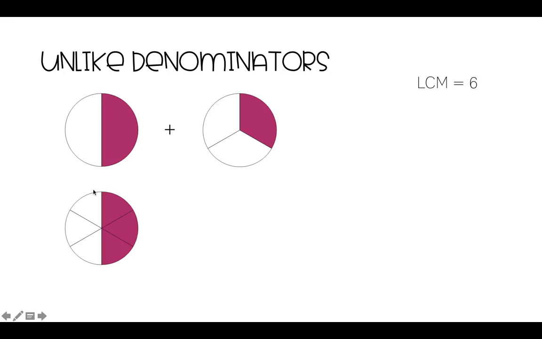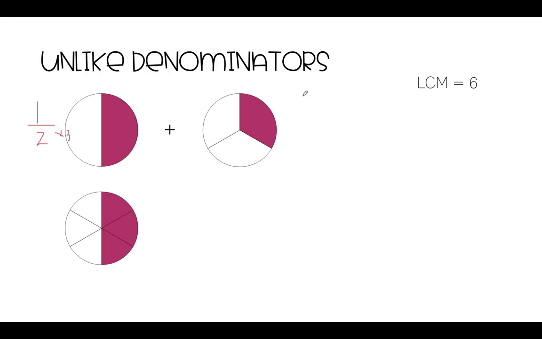So we had here 1/2, and now we have to times that by 3 to make it equal 6. So we multiply the numerator by 3 as well. So we end up with 3 out of 6. And if we look at the shapes shaded, we've still got half of the shape shaded. Okay, so there's no change in that. We've just cut it into more pieces essentially.